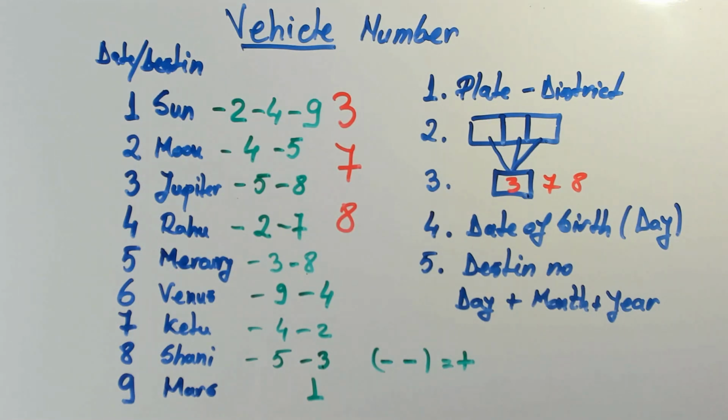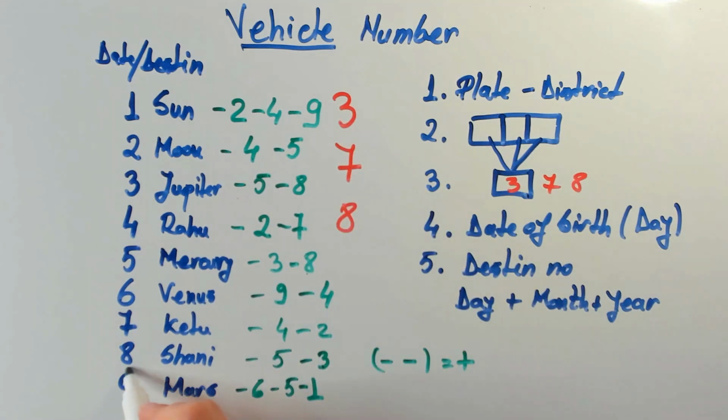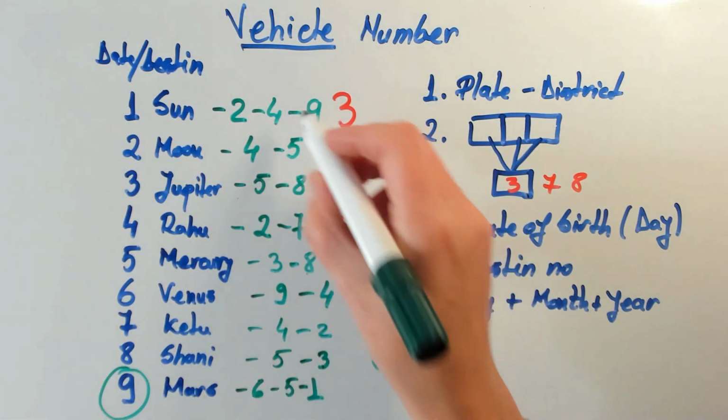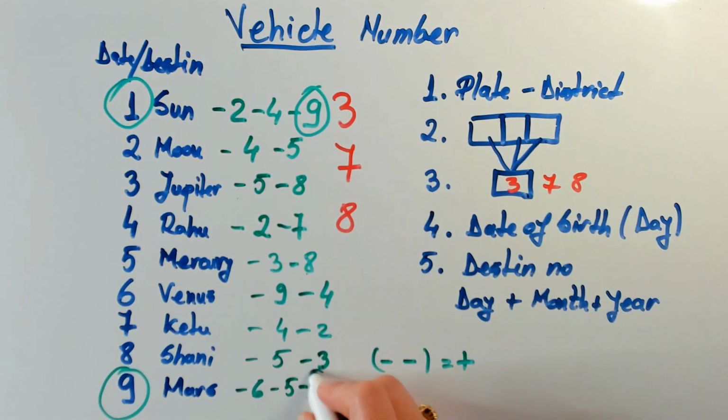First damage is the battery, and the second is the wires. Number 9 will be correlated with 6, 5, and 1. It's how I said before that 9 is the last one. 1 is the first one.